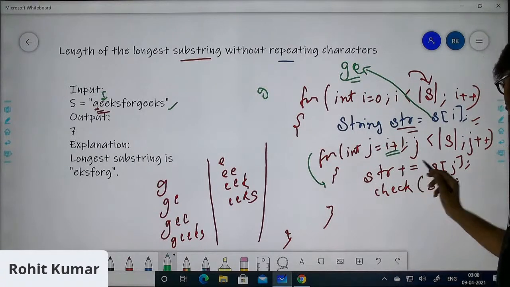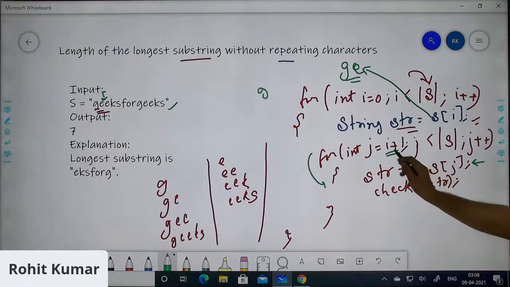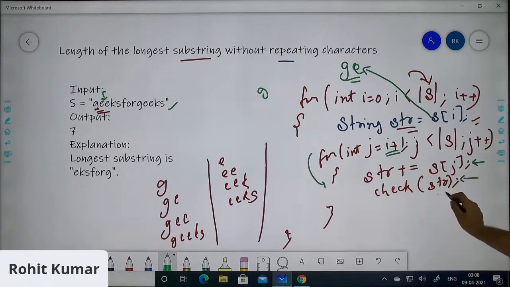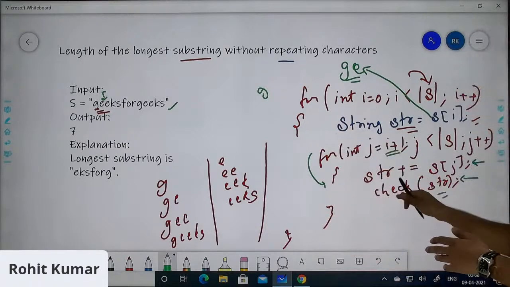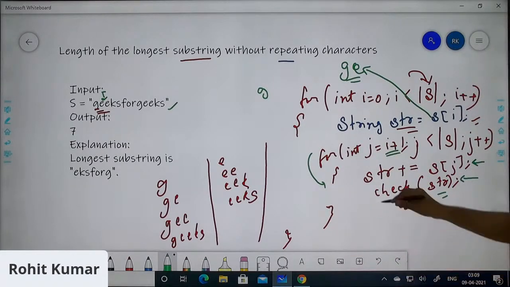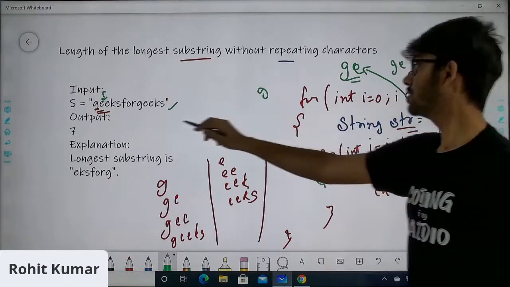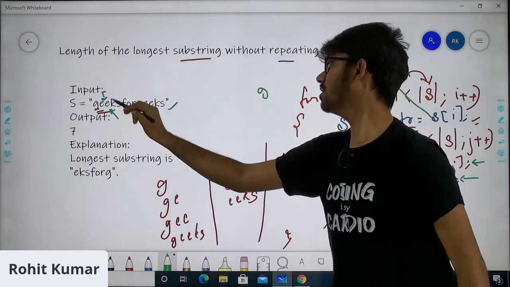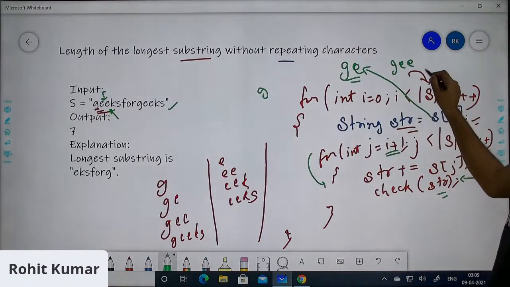So I have GE after this line because I am appending s of j and I'm checking whether it's distinct or not. Let me first show you the pattern. After that, I will go to the function check. In the next iteration, this same GE will be appended with the third character, G double E. This will be checked.